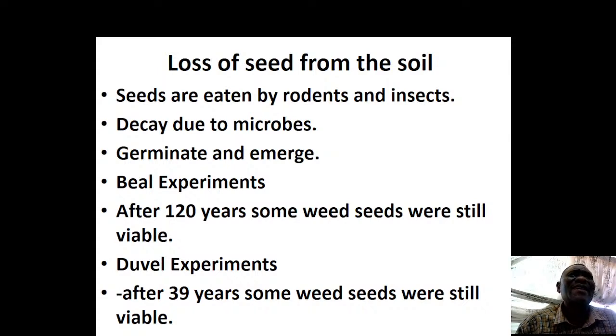This can indicate that weed problems are actually perpetual. It's something which we have to live with. The Duvel experiments also indicated that some weed species could be viable up to 39 years.